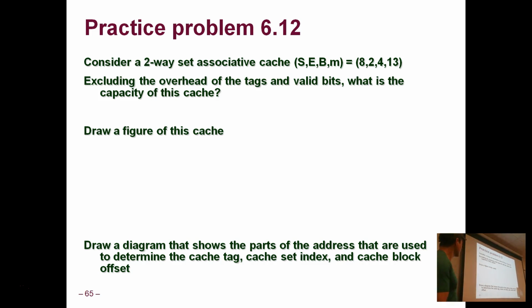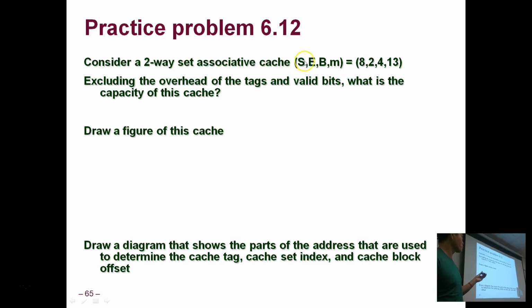Okay, practice problem 6.12. Consider a two-way set associative cache. It has 8 sets, so 2 blocks per set, and then 4 bytes per block. First, find the capacity of this cache using the formula, if you can remember the formula from last class.